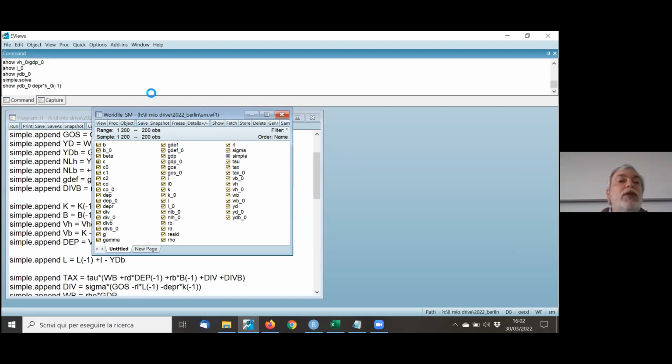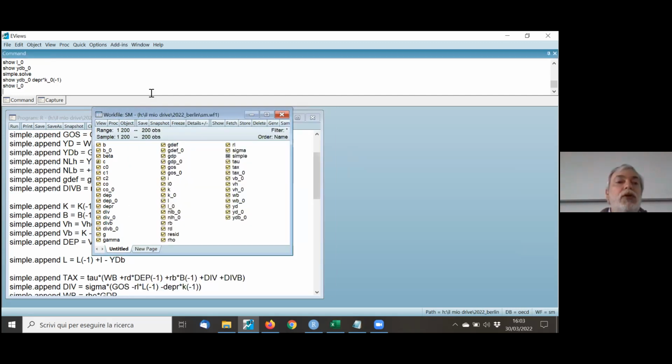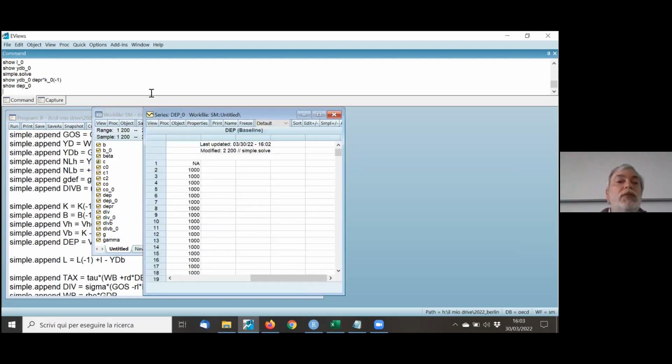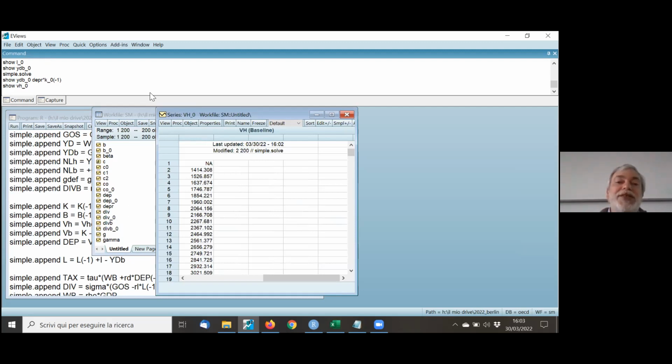And let's look at the stock of loans. Stock of loans now is not changing. So the stock of deposits should also not be changing. So the stock of wealth should not be changing. Instead, it is changing. So we still have an inconsistency somewhere.